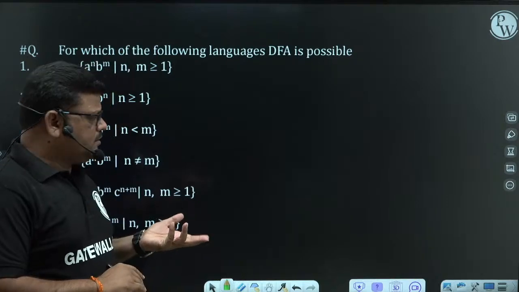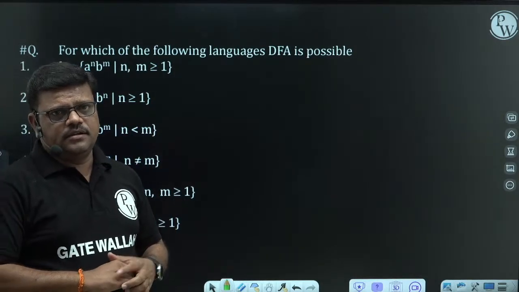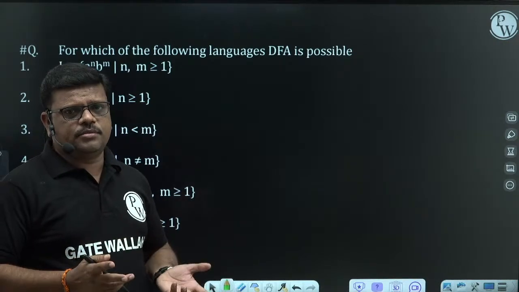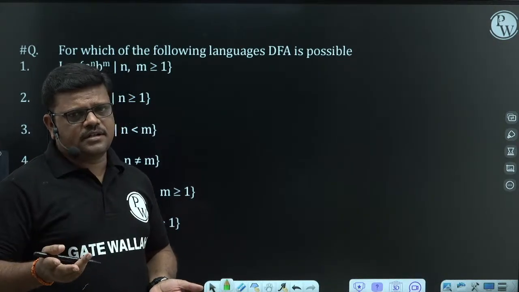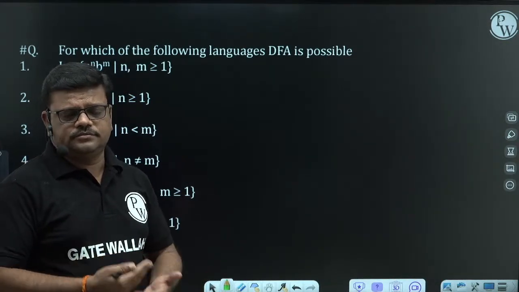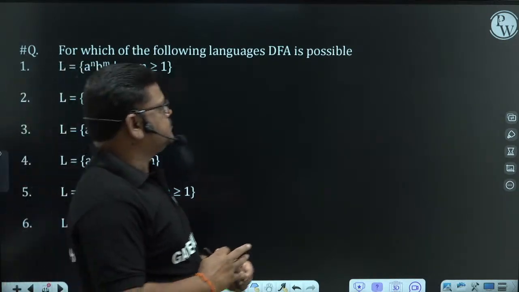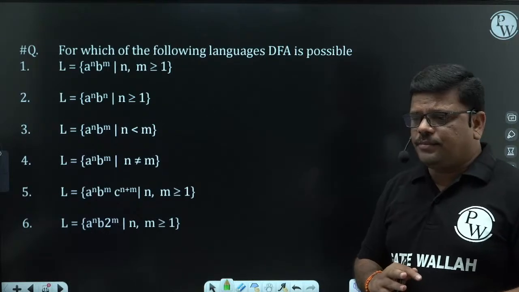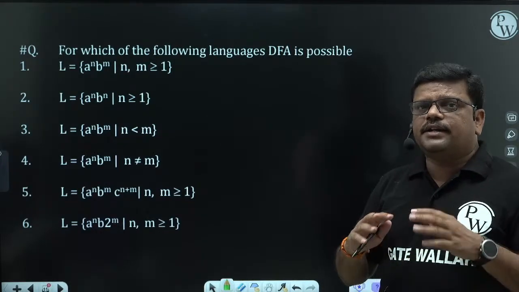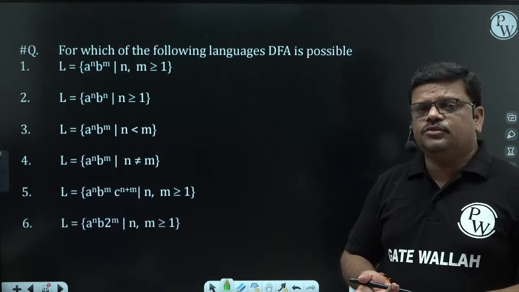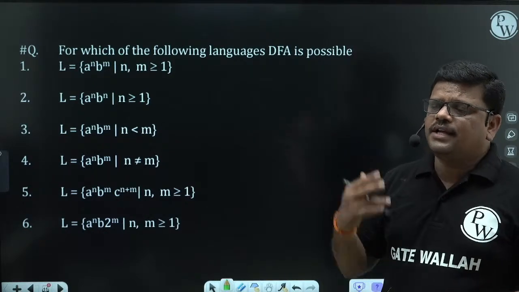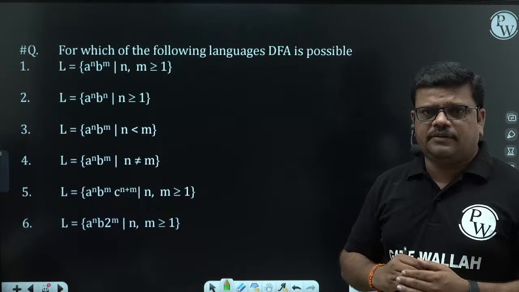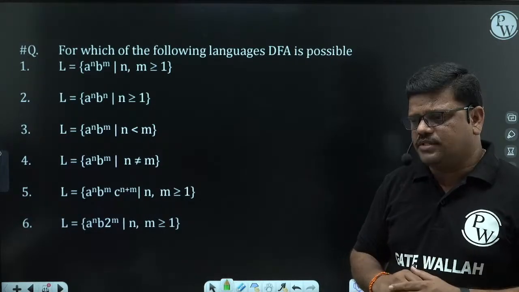Without knowing this, if you directly go and start designing, then the problem goes wrong, because there are languages for which DFA is not possible. If you construct one anyway, clearly that is a wrong automata, so we'll get negative marking, right? So now we'll see what is the limitation of finite automata. Where finite automata fails, that means where DFA fails to recognize or construct for some language, what is the reason? Those things we'll study, right?